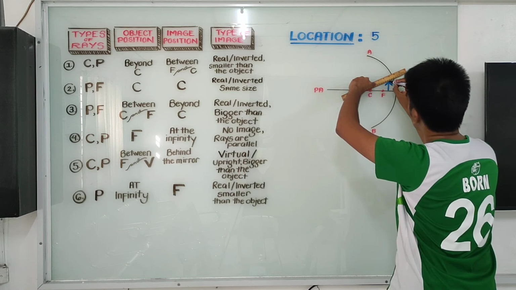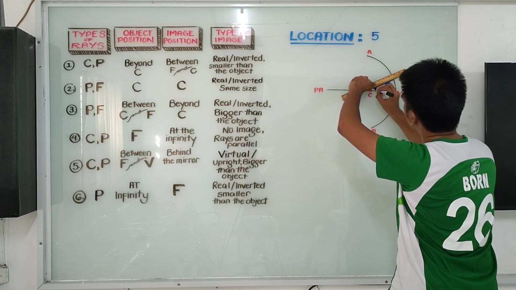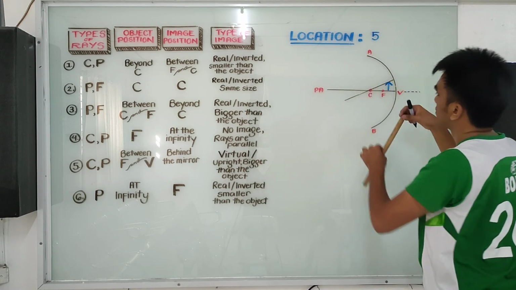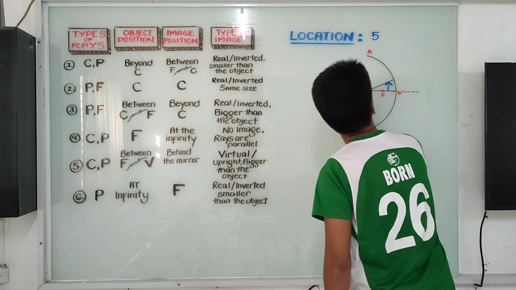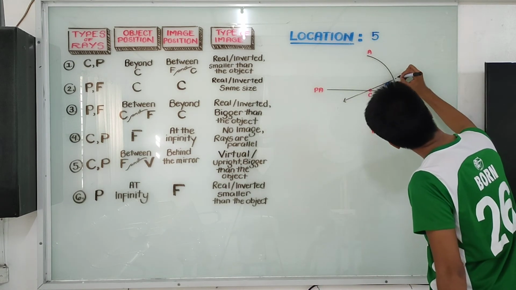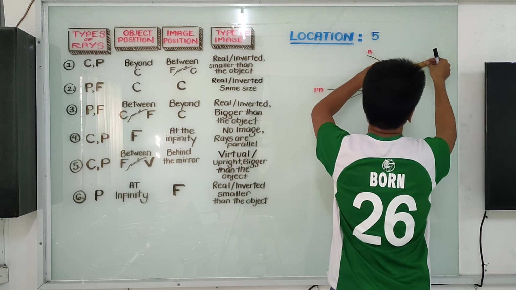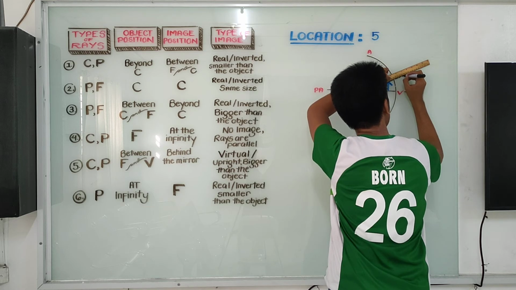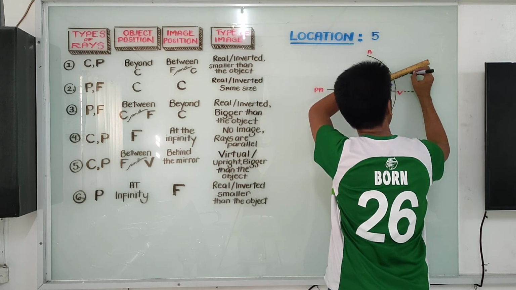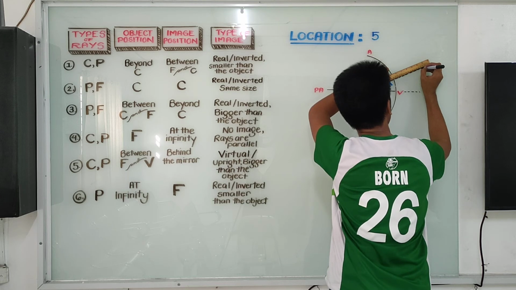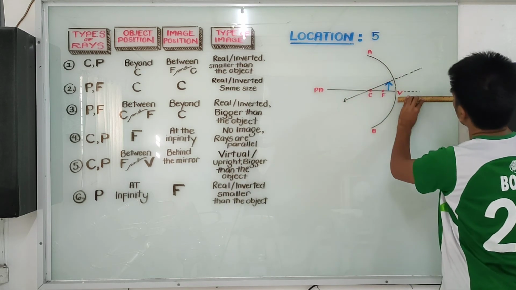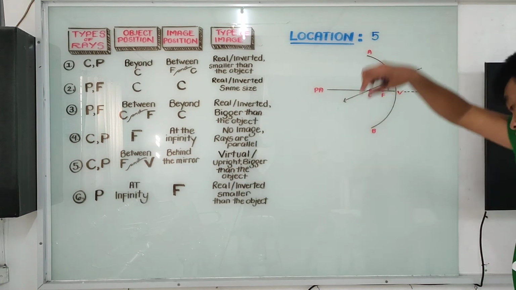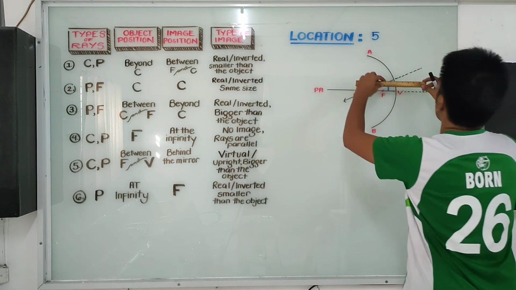Obviously it will pass through the center of curvature. So, kung galing siya sa likod, it seems lang that the image appears from behind. Imaginary broken lines. We use broken lines. And then we will also use a principal ray.